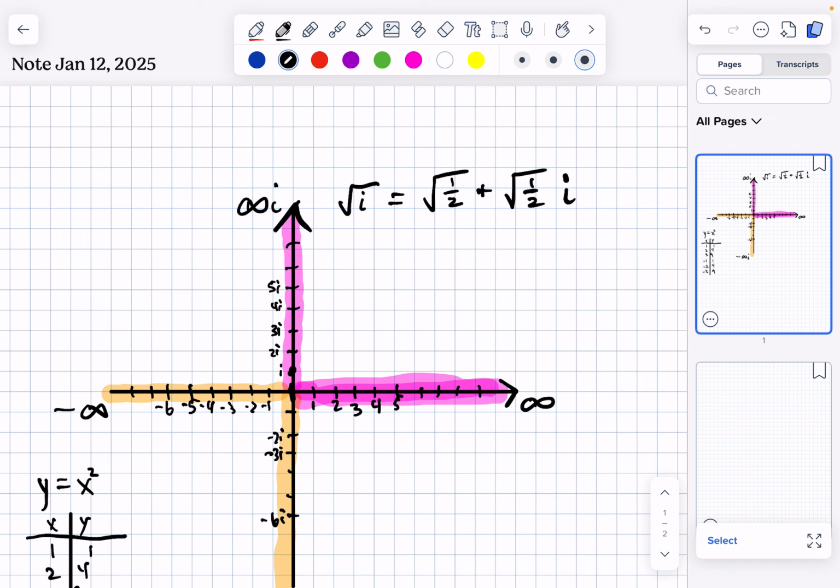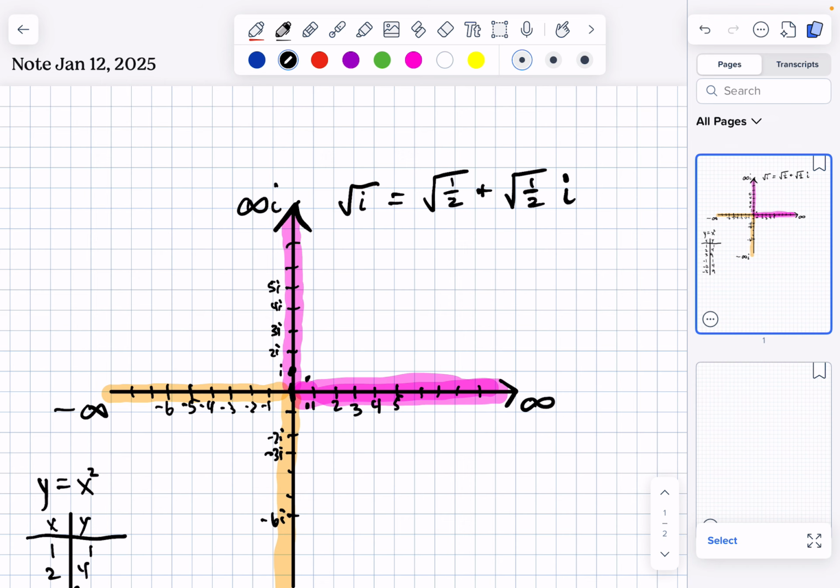So it's a number that, if I had to place it in the complex plane, I'd put right here. That's the square root of positive i. The square root of negative i is down here. But in any case, neither one maps onto itself, much less the same way the real number line does.